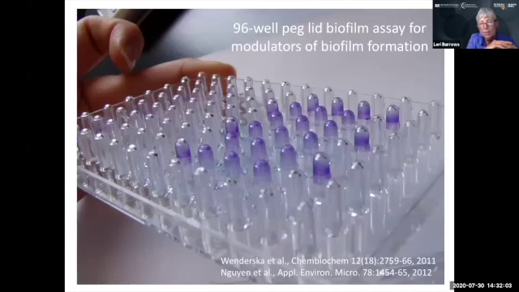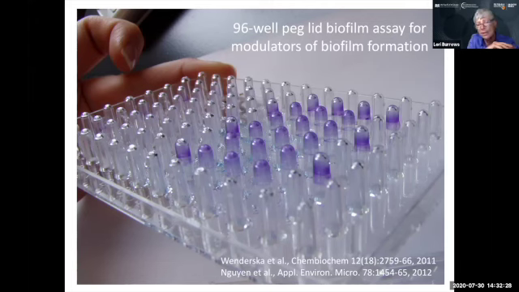So I'm going to just mention briefly the assay that we use to measure biofilm formation in our lab. And this is called, surprisingly, the MBEC assay. So remember I mentioned the minimal biofilm eradication concentration. So this is the MBEC device, or the Calgary biofilm device, because it was invented by a scientist called Howard Ceri from the University of Calgary in Canada.